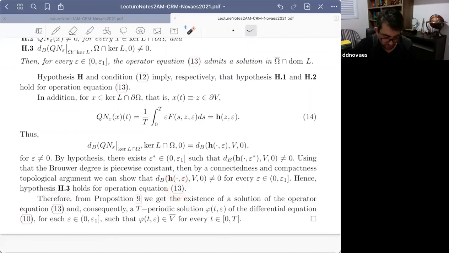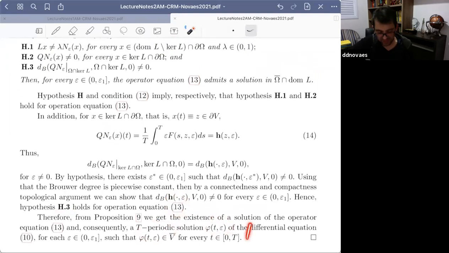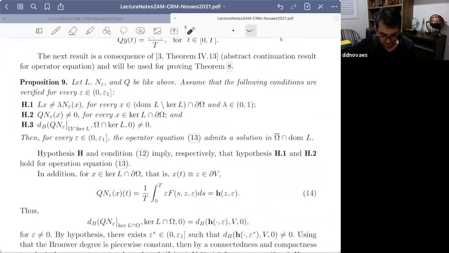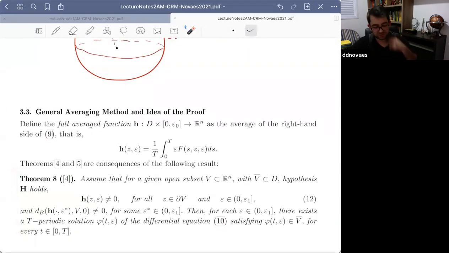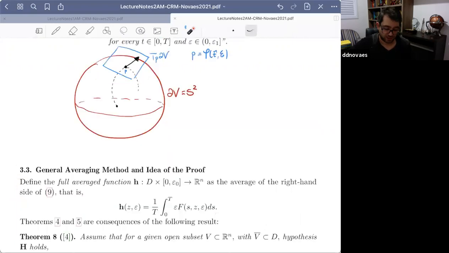And therefore, from proposition 9, we get the existence of a T-periodic solution of our differential equation such that this periodic solution is contained in the closure of V for every t. So we have proved this general averaging method. And as a consequence of this general averaging method, we obtain both theorems.